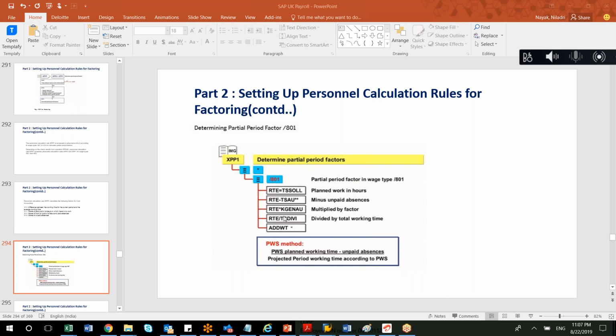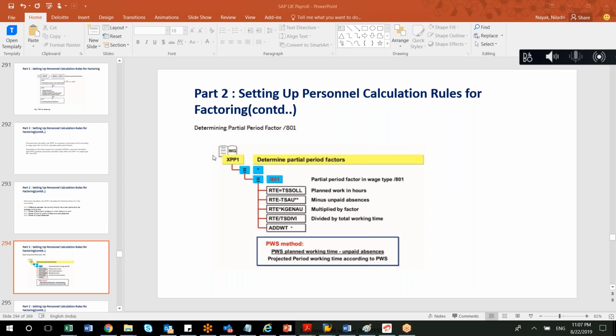Once it is done, it will add this wage type to /801, then it will be processed through the schema and reflected in your salary, including any differences. So this is the overall concept of /801.